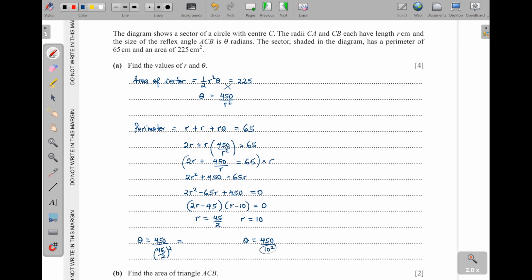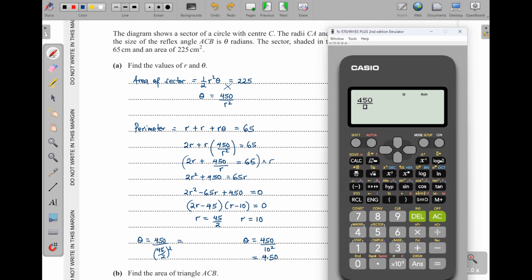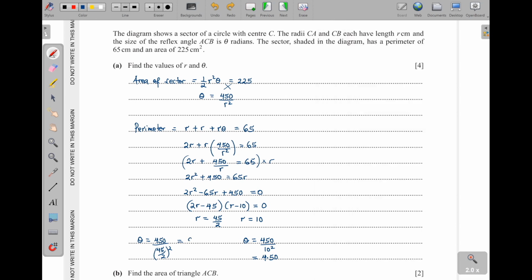Of course, this one will be 100. So 450 over 100 will give us 4.5. And how about this one here? 450 divided by 45 over 2, then squared, gives us 8 over 9, which is 0.8 recurring.